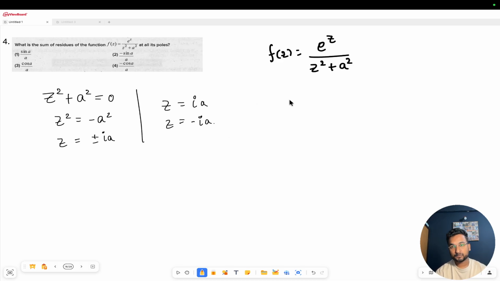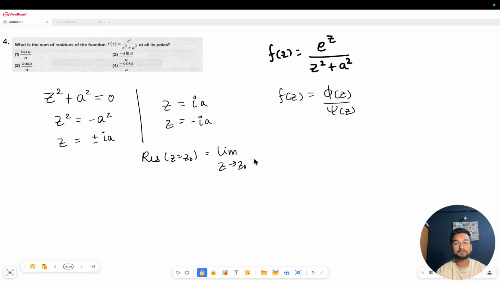In the last class I told you that if your complex function f of z is in the form phi of z by psi of z, then to calculate the residue at z equals z naught, what you can do is limit z tends to z naught, phi of z upon psi dash of z.